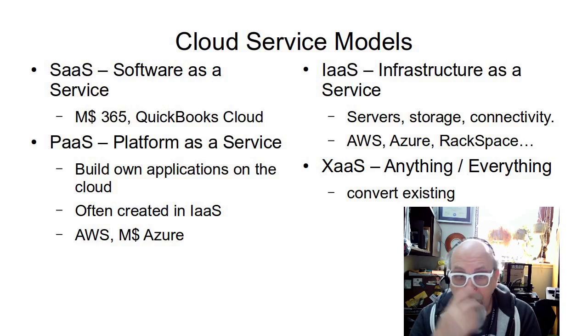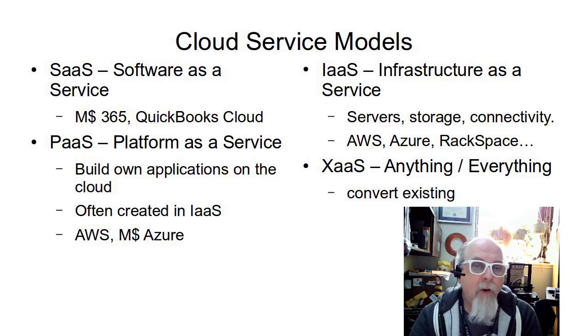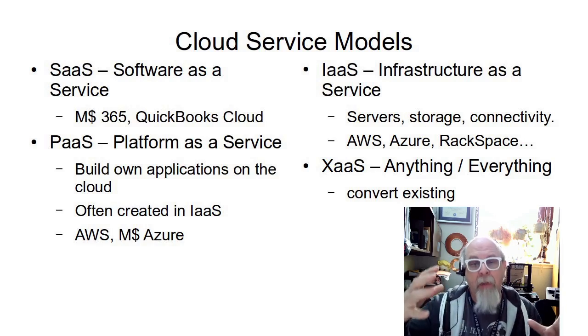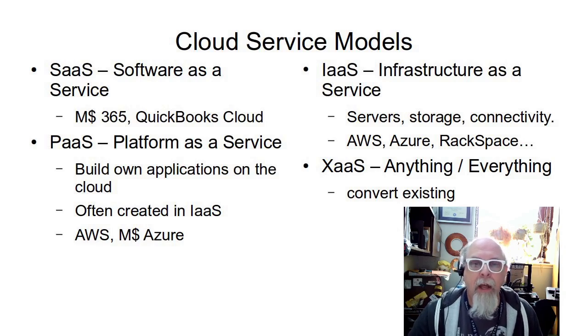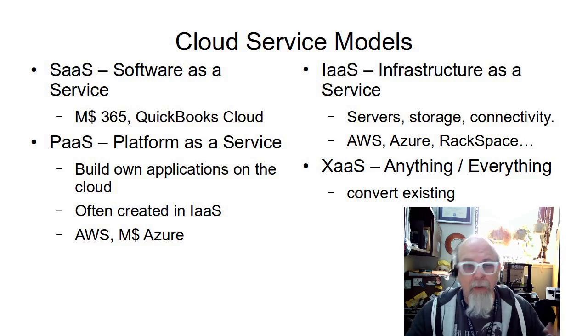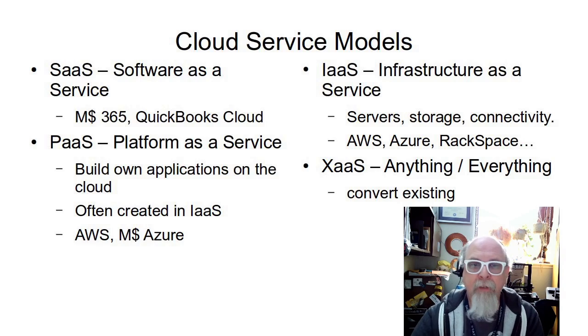AWS, Amazon's Web Services, Microsoft's Azure, and other things are platform as a service, which allows you to build your platform. And infrastructure as a service is kind of the generalization of platform as a service, where not only are we leasing you servers and storage, but we're also leasing connectivity, backups, and global communications and all of those kinds of things: infrastructure as a service.